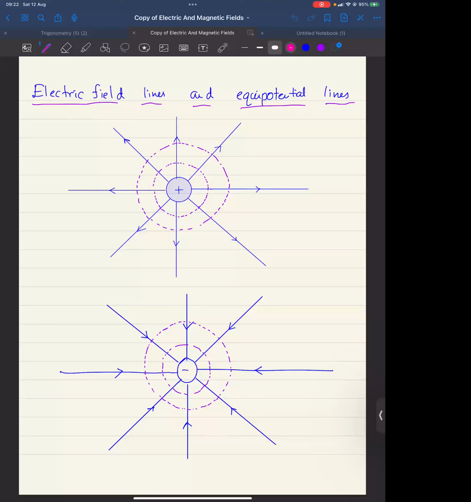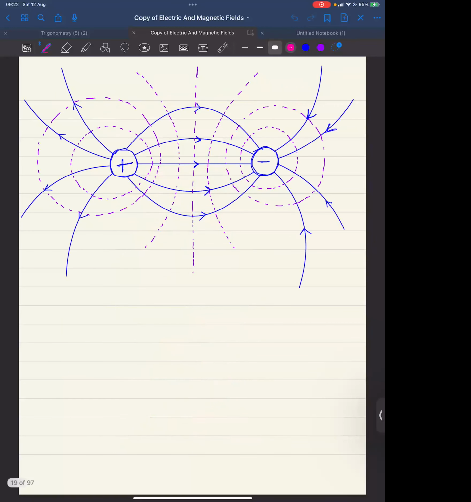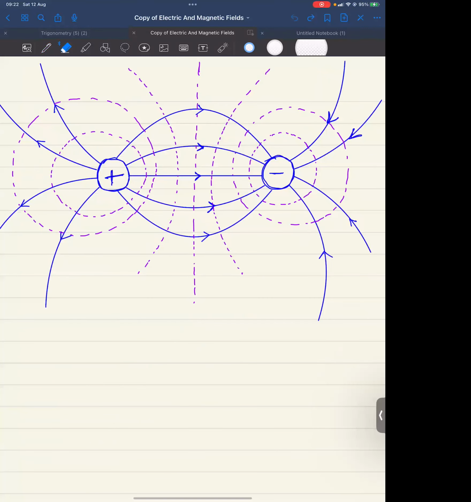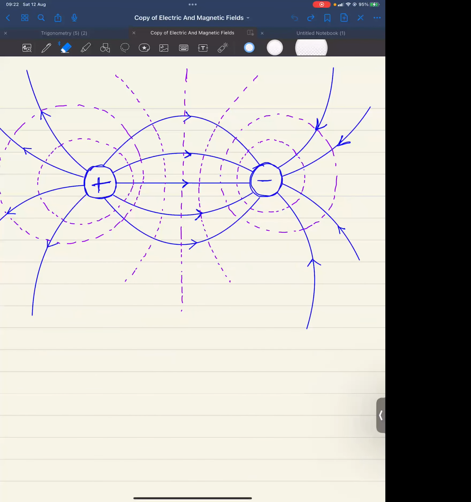Okay, right, guys, what if it is, look at this. If you take a positive charge and a negative charge, the electric field lines will be away from the positive charge towards the negative charge.